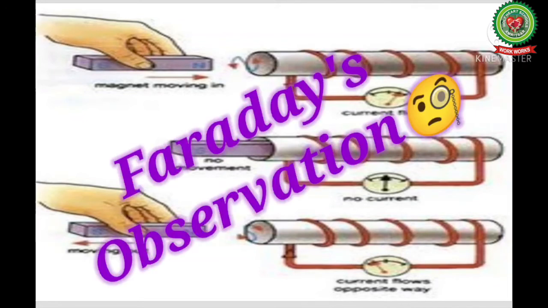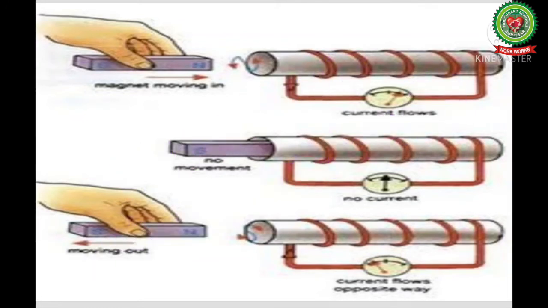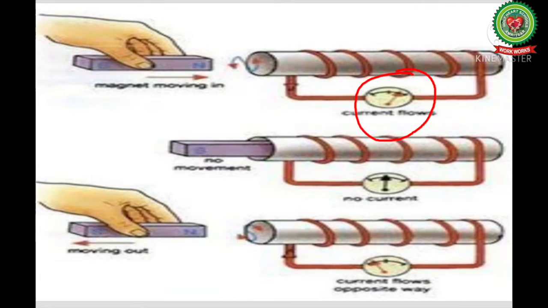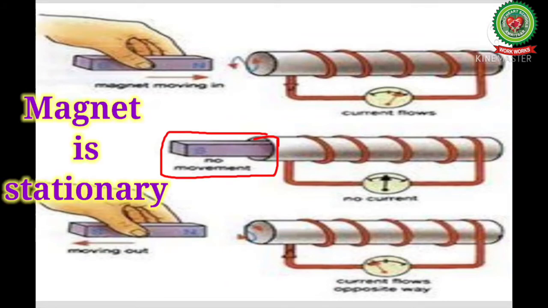Now let's discuss Faraday's observation in detail. Students, you can see clearly in the picture that when the magnet is moving towards the coil or a conductor, the galvanometer shows deflection. That means current is flowing through the conductor. In the second picture, the magnet is stationary.